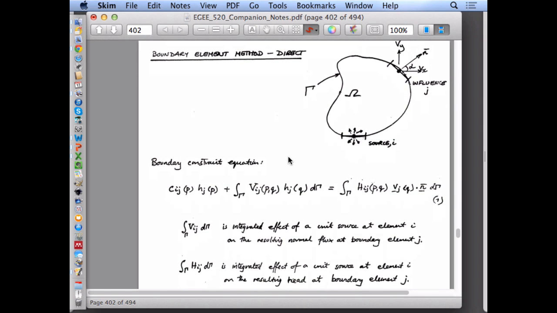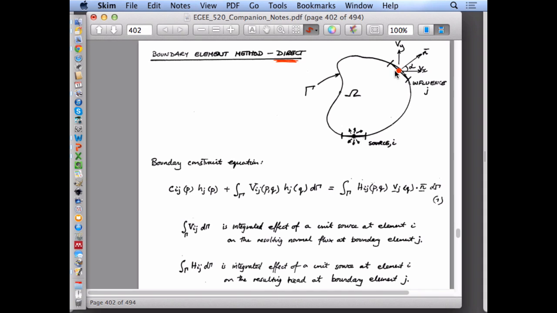A more convoluted way of doing this is the so-called direct methods. And I won't go through this in any great detail, but it uses basically the same idea. Now what it does is it takes a unit function, our source or sink term, and it applies it at a point on the boundary.